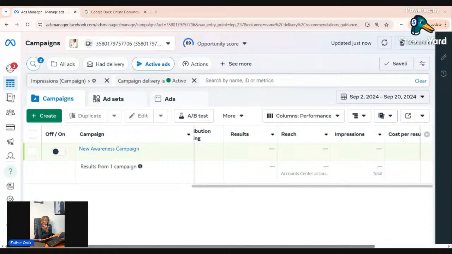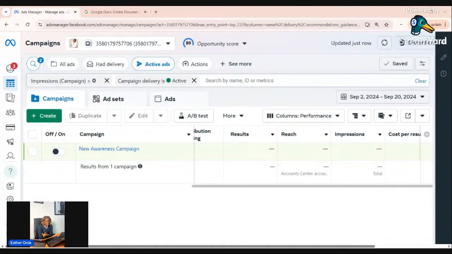When I ran the ad for this free class, I spent under 40 naira per registration. At the end of the day, I got about 200 plus registrations for around 18,000 naira. So I think it's even less than 40 naira.